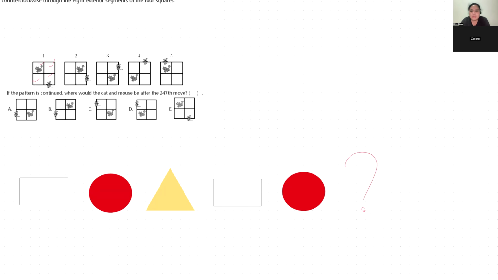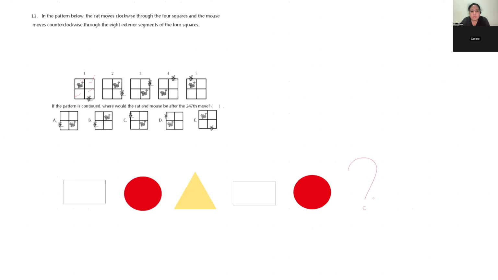It's very simple. Now, next shape, the rectangle. Yeah, it's a white rect.